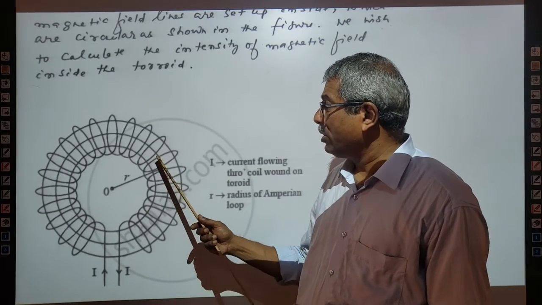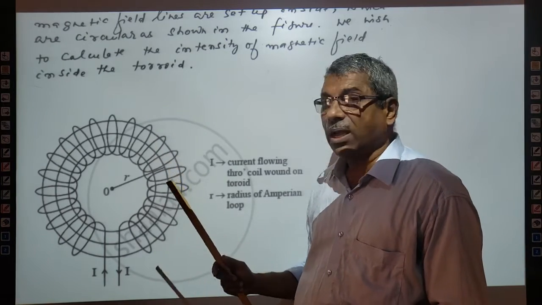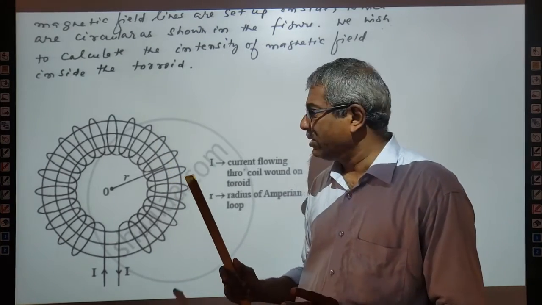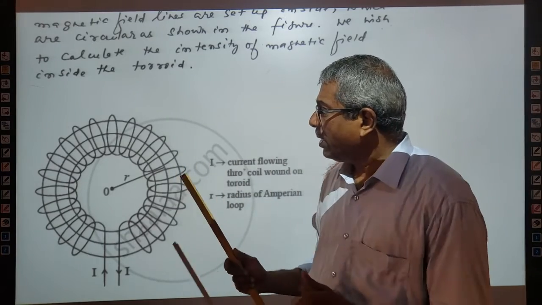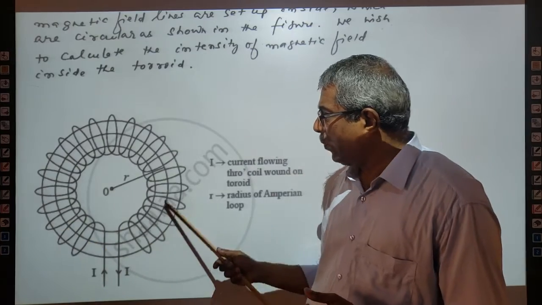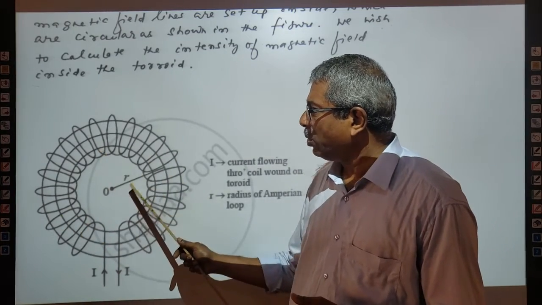The tangent and vector dl make an angle 0, that is theta is equal to 0. So now let us see how we can calculate the intensity of magnetic field inside the toroid.